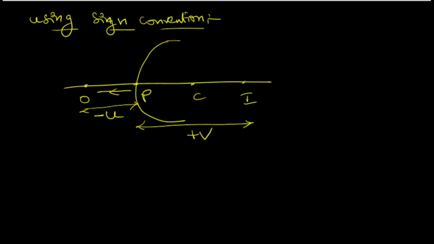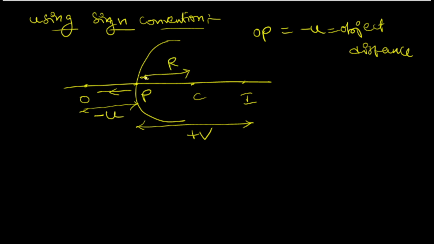In this equation we have to know the value of OP, PC and PI. What is OP? OP is minus u, which is the object distance. PC is the radius of curvature denoted with capital R, and we are measuring it in the direction of the incident ray only.